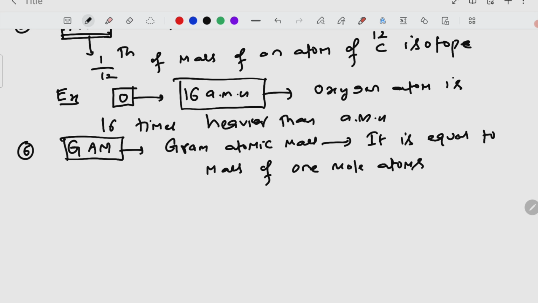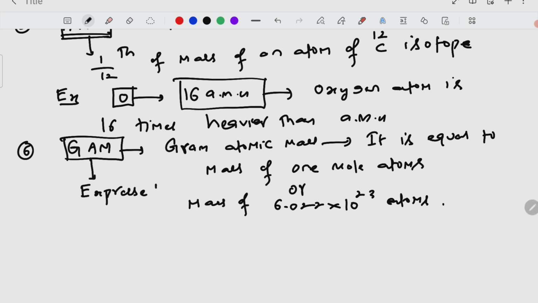Just now we studied that 1 mole means 6.022 into 10 power 23 atoms. Or I can write it is equal to the mass of 6.022 into 10 power 23 atoms. You can define GAM, that is gram atomic mass, as the mass of 1 mole of atoms, or the mass of 6.022 into 10 power 23 atoms. See here, GAM is expressed in grams. The name itself indicates it is expressed in grams.